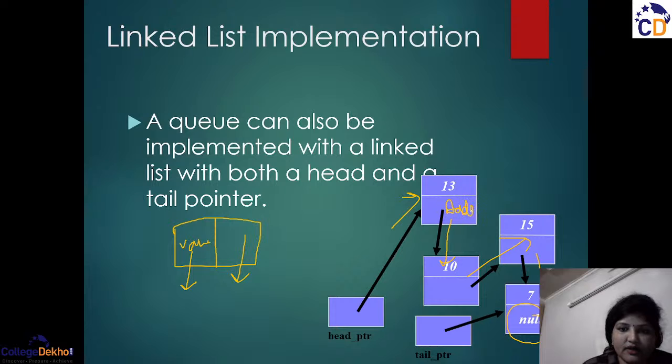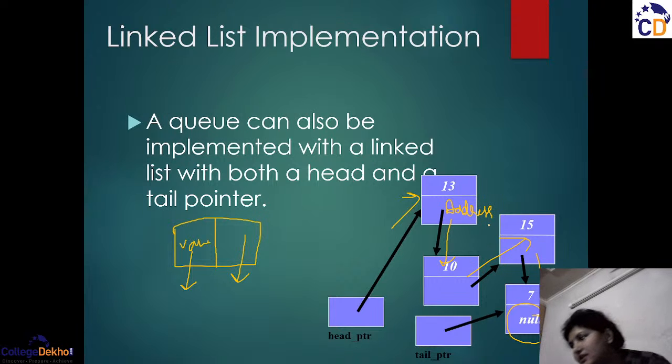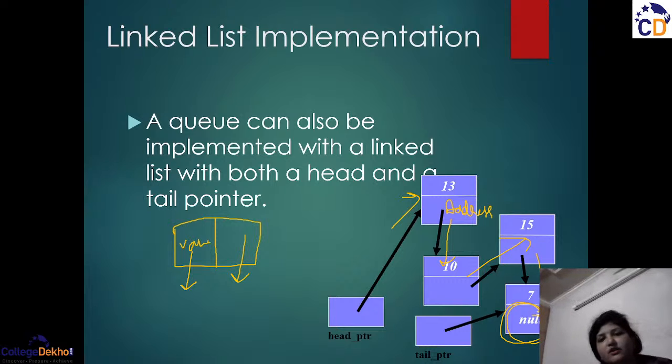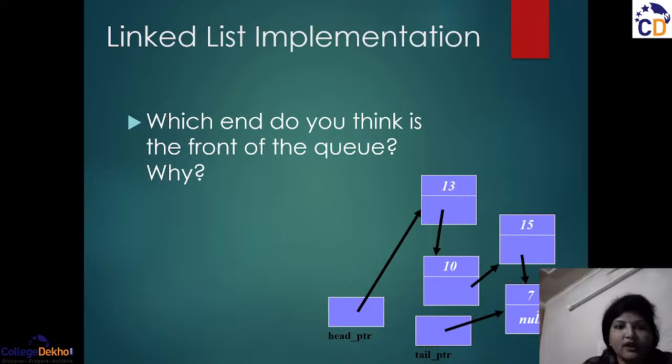And we have already studied linked lists: the last element holds a null value that tells you this is your last element. So this is how we are maintaining it through a linked list, right?